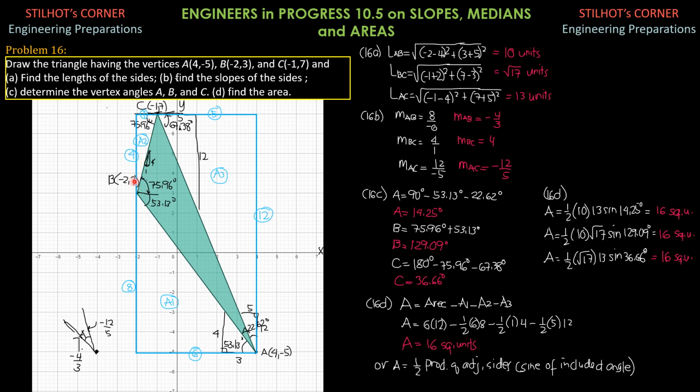Then one half of BC times AC, sine of angle C. One half of BC, square root of 17, one half of AC, 13, then sine of angle C, sine of 36.66 degrees. So it is also 16 square units. So that's it for this part.